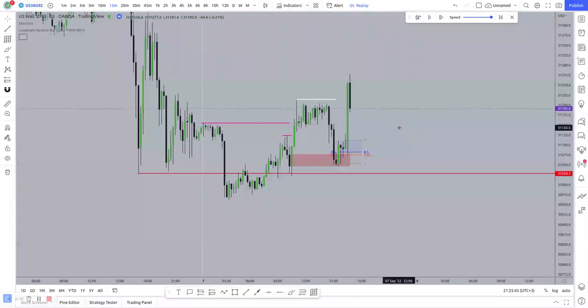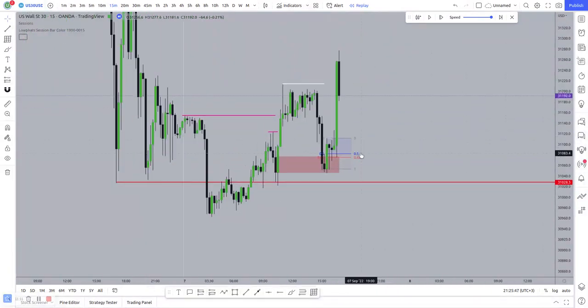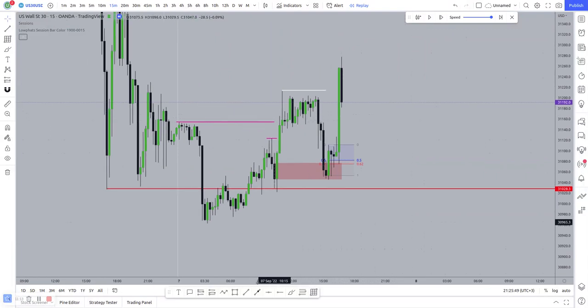Most of you, or rather most SMC traders, would be highlighting this imbalance as an area to short. This imbalance is not bigger than this break in structure.